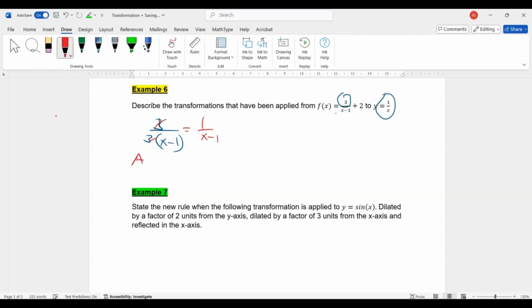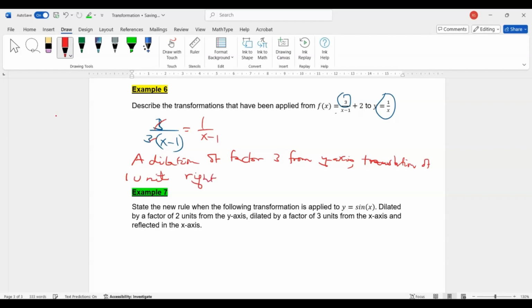So I should say a dilation of factor 3 from the x-axis, and then a translation of 1 unit right.